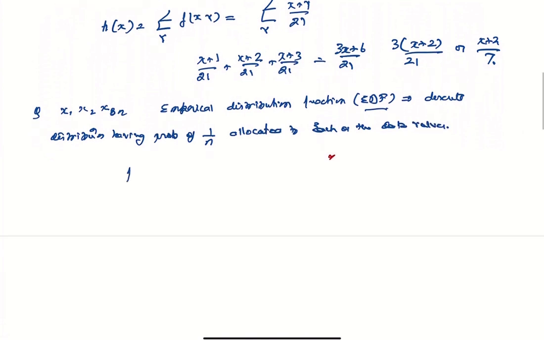So f of x is 1 by n for x1, x2, xn, and 0 otherwise.